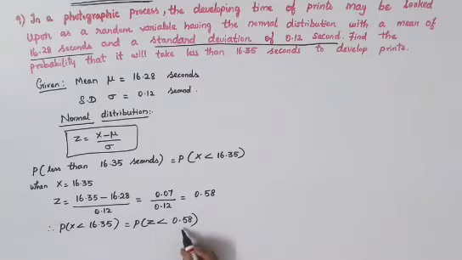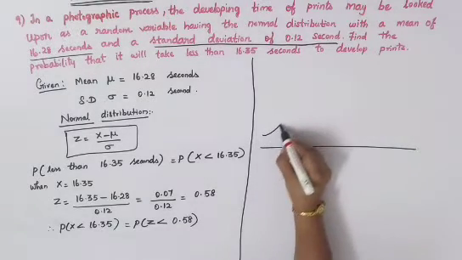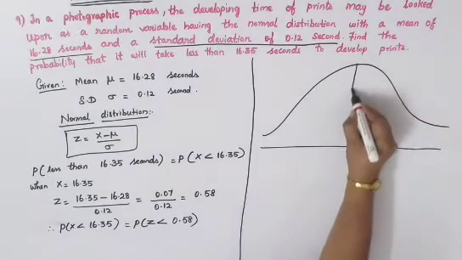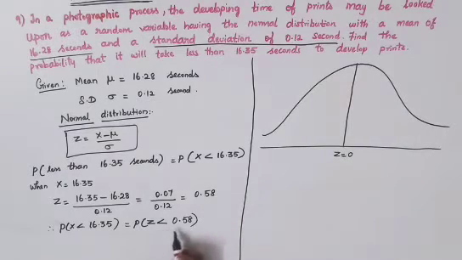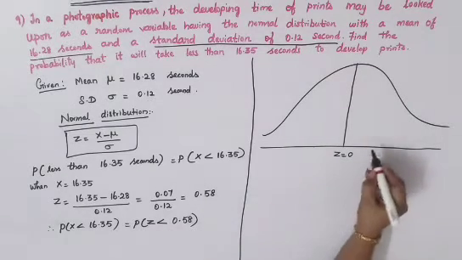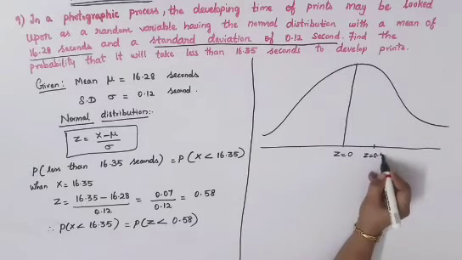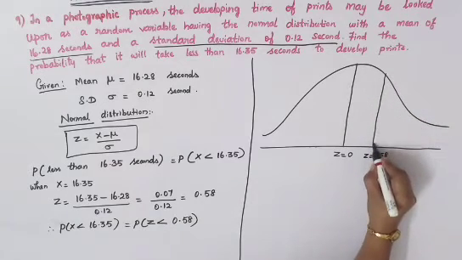Now you have to shade this region in your diagram. So shading in the diagram, Z is equal to 0 in the middle. So 0.58 will be somewhere here. Z is equal to 0.58, so straight to that, just draw a line.